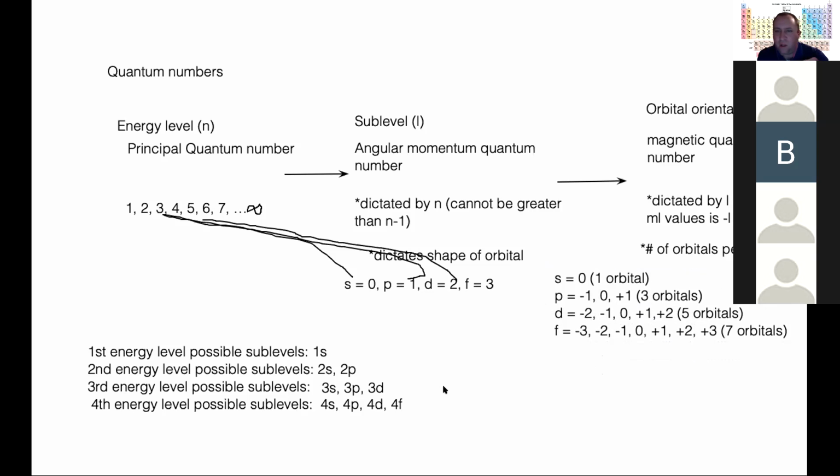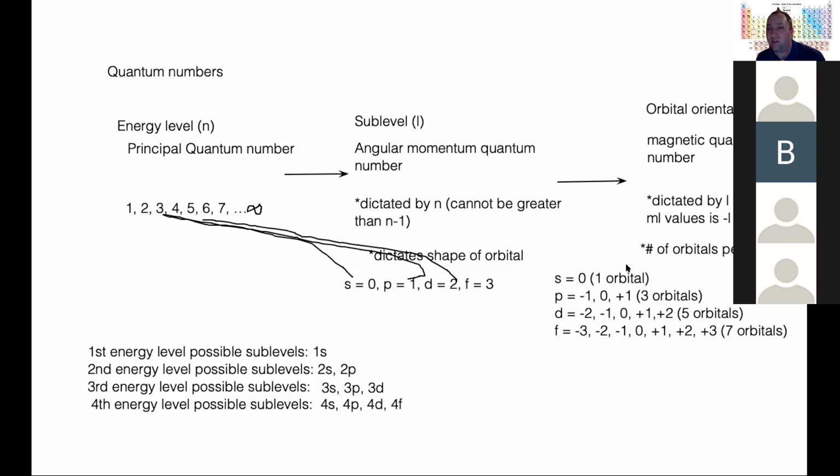And so we can see that as we're going from box to box to box here, we're getting more and more specific about the electrons themselves. Now, the thing that we haven't said yet is how many electrons are in a given orbital.